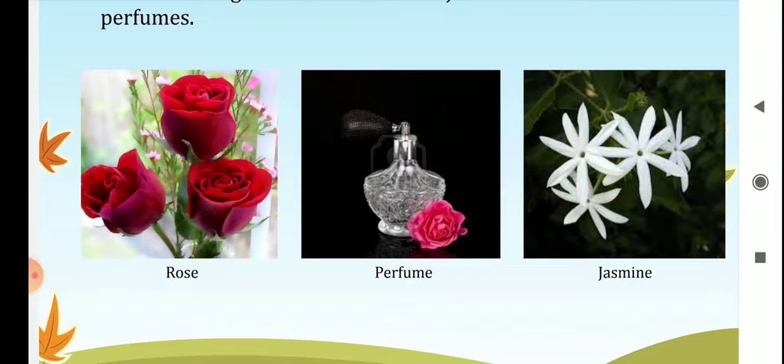You know that citronellal can also be used for repelling mosquitoes.